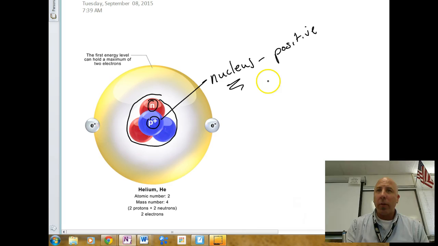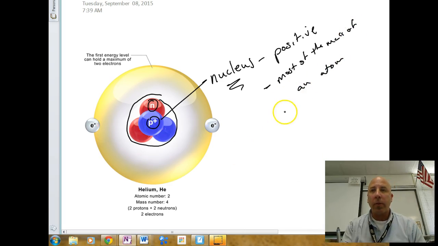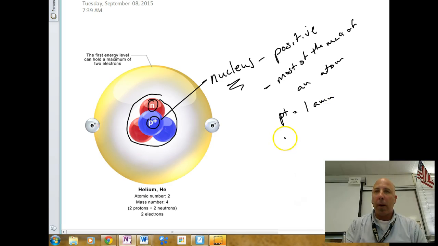The nucleus also accounts for most of the mass of an atom, and this is very important, so you should jot this down. We talked about in our presentation previously how, if we assign particles a relative mass, the protons have a relative mass of 1 AMU, the neutrons have a mass of 1 AMU, and the electrons have a negligible mass, very small.